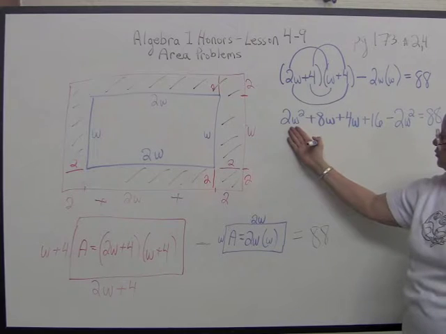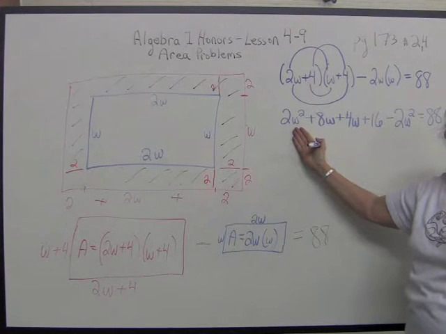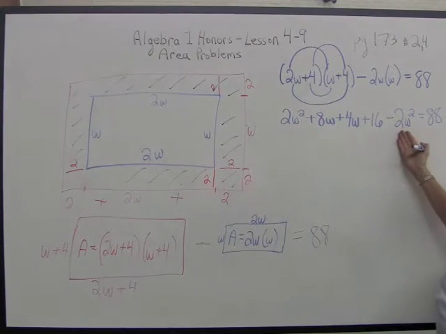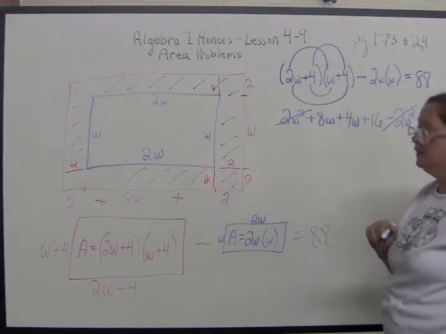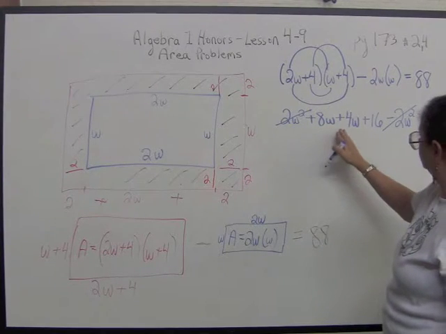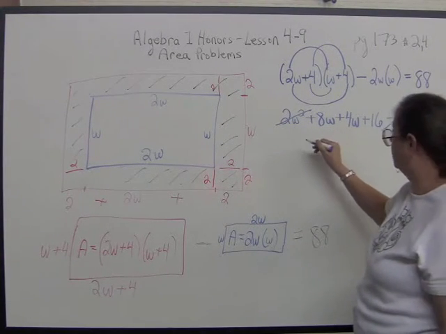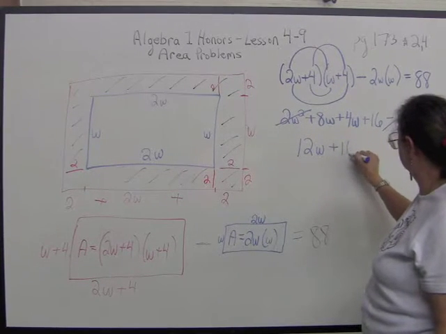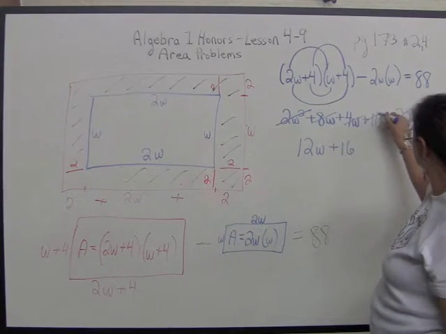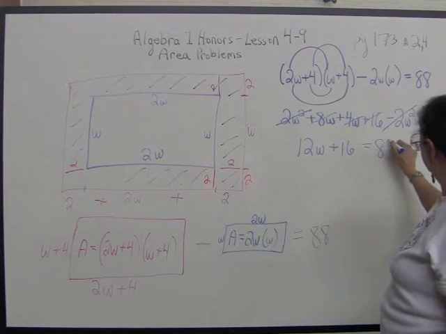Now, we have two of these walrusy kind of animals here, and two of them here that we're taking away. So we can simplify. That gives us a 0 there. And then we have 8 W's and 4 W's. That's 12 W's plus 16, okay, equals 88.